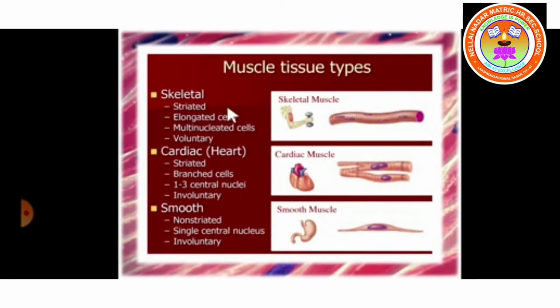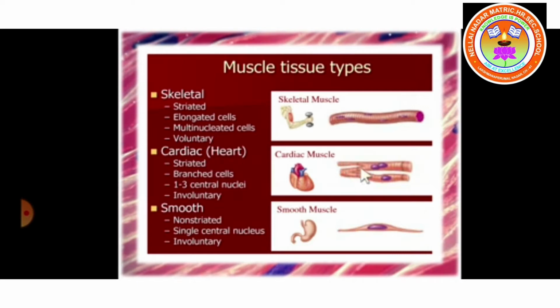Skeletal muscles are otherwise called striated muscles and they are made up of elongated cells with multinucleate structures. They are voluntary in function. Cardiac muscles are formed of striated muscles and they are branched cells.